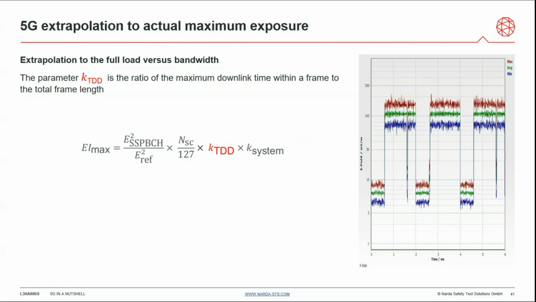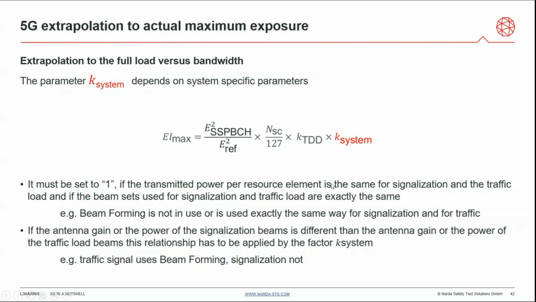And then last but not least, you have the K system, which is easy if there's no beam forming, and the signalization and the traffic load beams are the same, then it's set to 1.